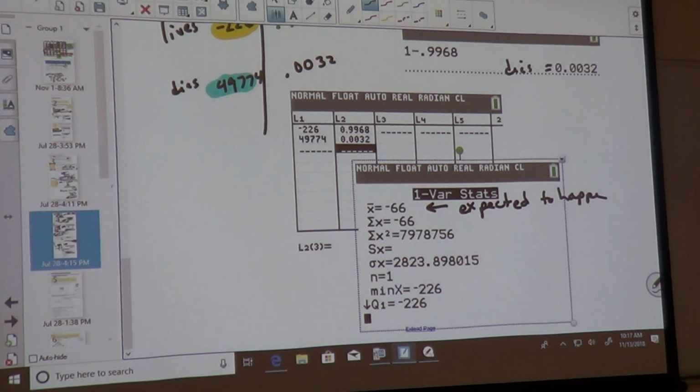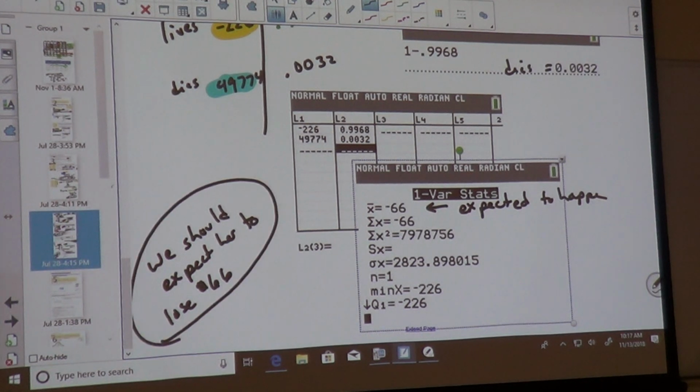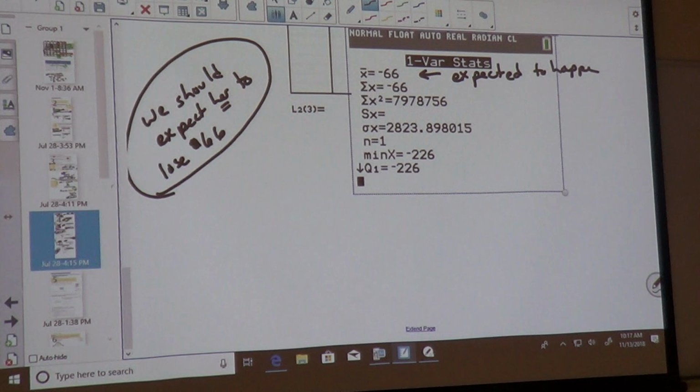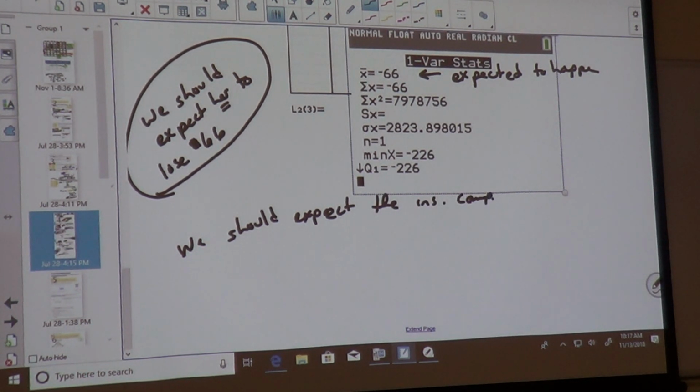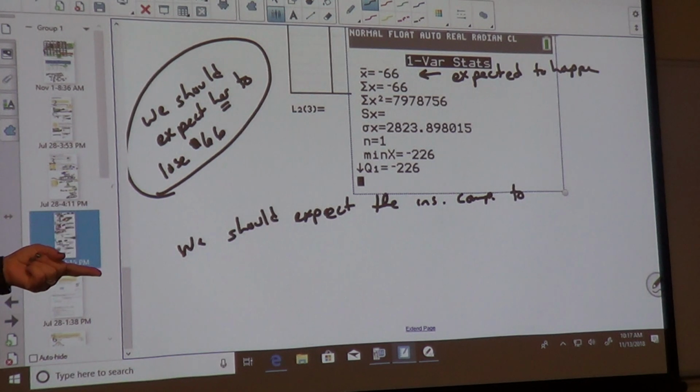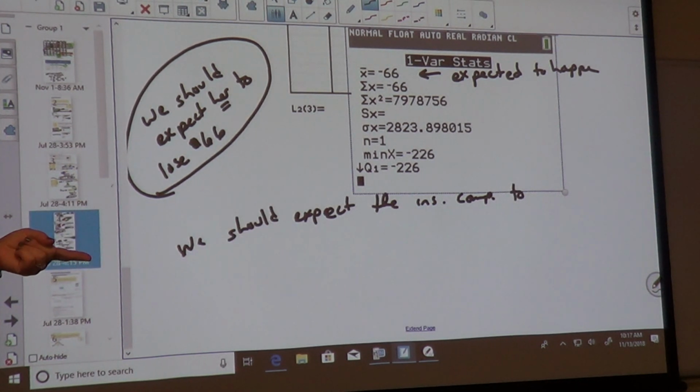Okay? So what does that mean? She expects to lose $66. We should expect her to lose $66. Her, meaning the woman. So what does that mean for the company? We should expect the insurance company... So if she loses $66, what is the insurance company going to do?